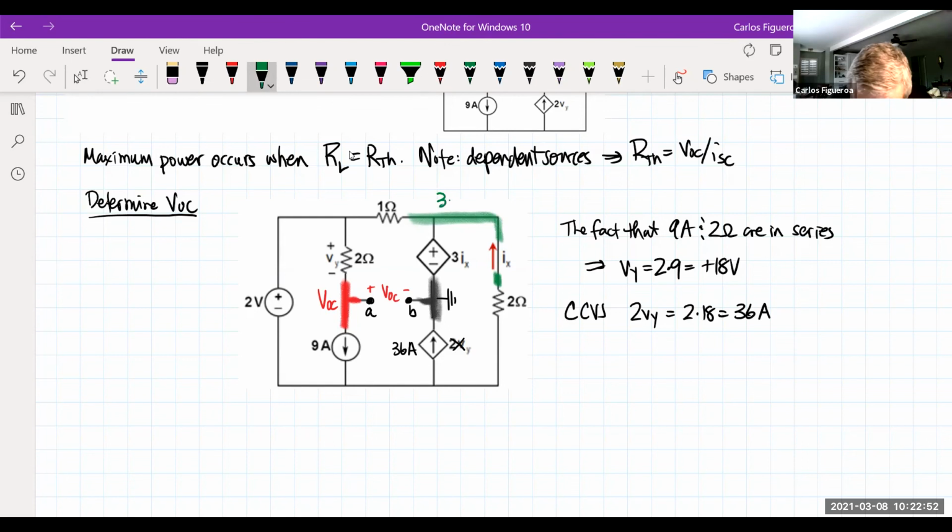This is 3ix. And then if I look at the other node, you could see that this voltage source is not connected to the ground. So this has to form a supernode.